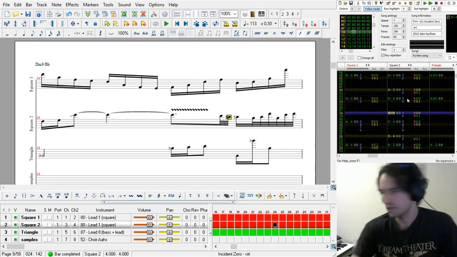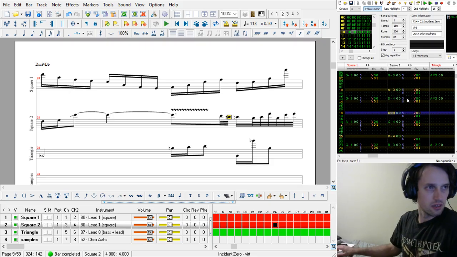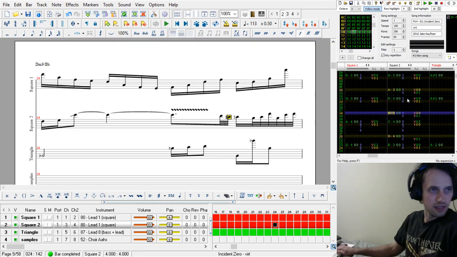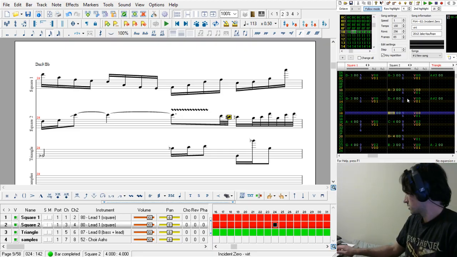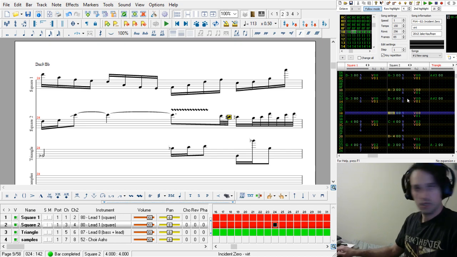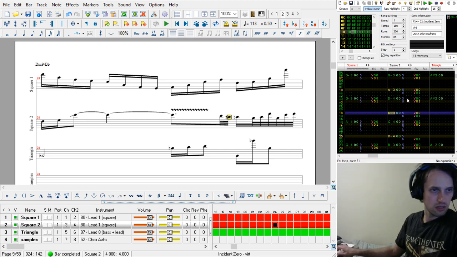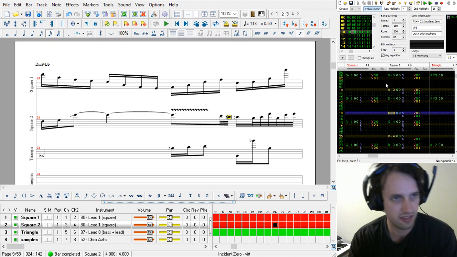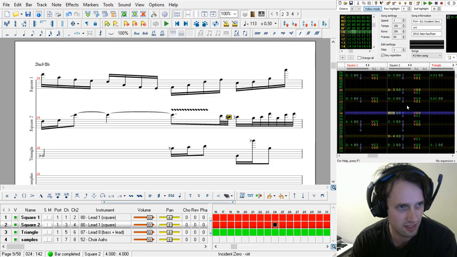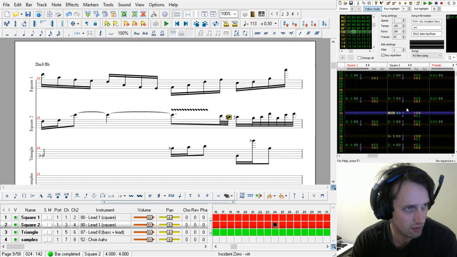To me it just sounds like... maybe I should have just written it like that. But I wrote what was definitely sequenced and what was made in the sequencer for sure.